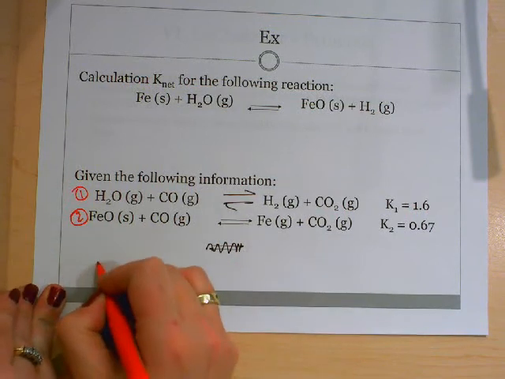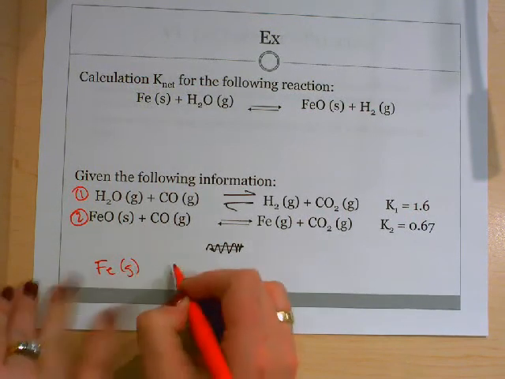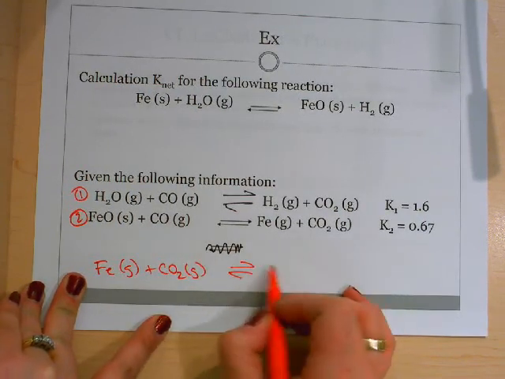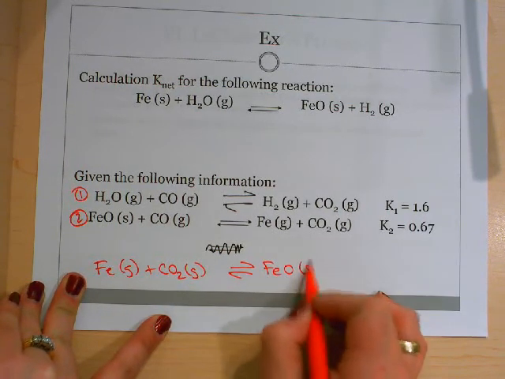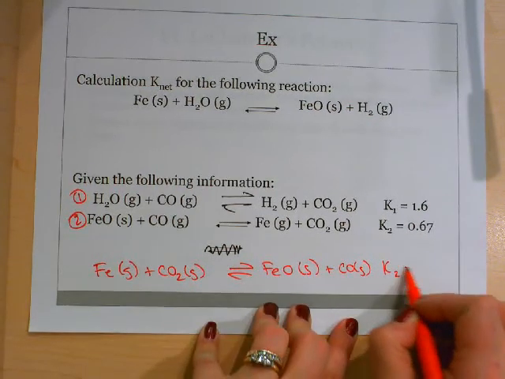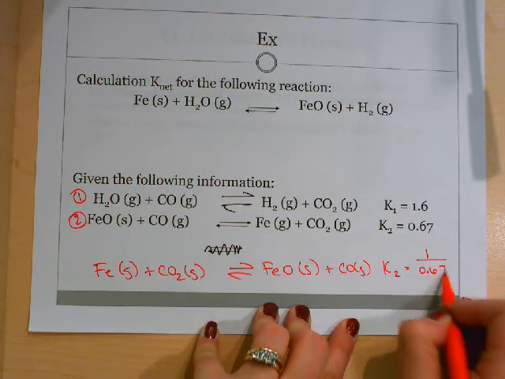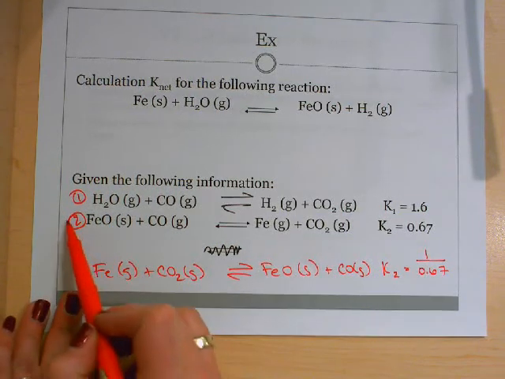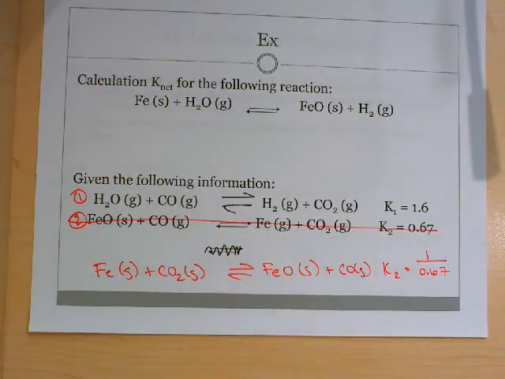Now if I look at my new equation, cross that one out because I've already used it.